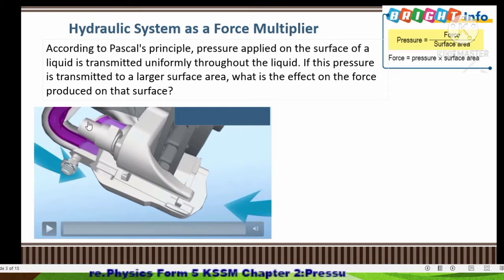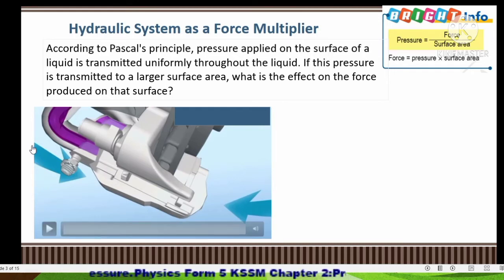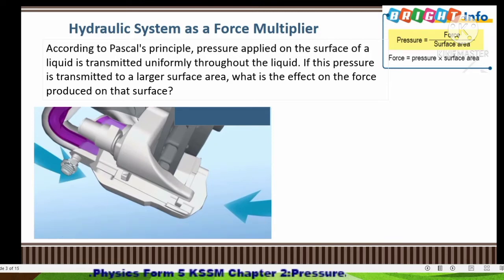What we want to observe from this video is that applying a small force, as an example using the brake pedal, you step on the brake pedal with a smaller force, but it is able to stop a car. A high-speed car is able to be stopped, meaning the output force produced is higher, meaning a greater force is produced that is able to stop the car.